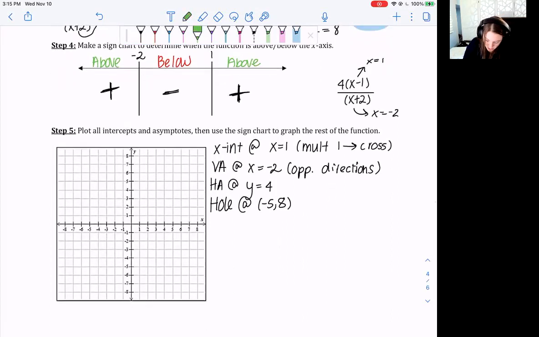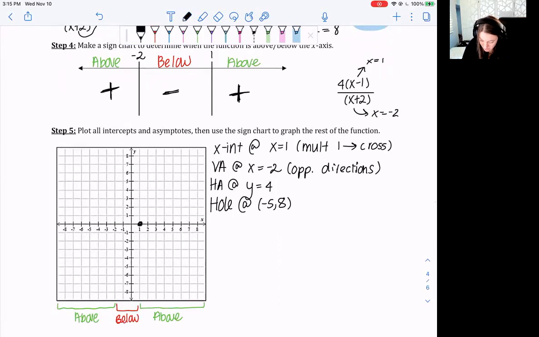And that is all we need to graph. So from -2 to 1 is below, and from 1 to infinity is above. There's an X-intercept at 1.